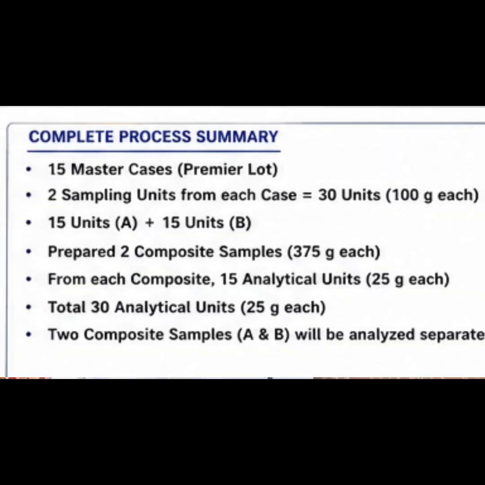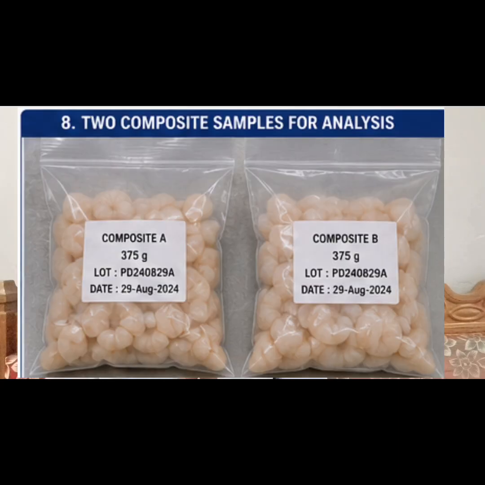With each analytical unit being 25 grams, the total weight of the sample we have to collect is 375 grams. So one composite unit contains 15 analytical units, 375 grams. For category 1 food, 60 sampling units means we have to make 4 composite units, 375 grams each.